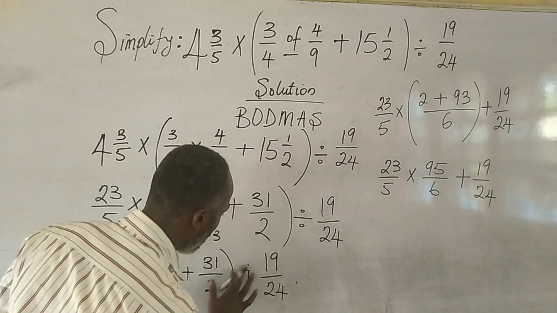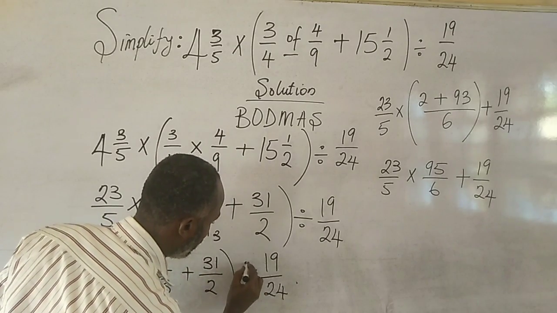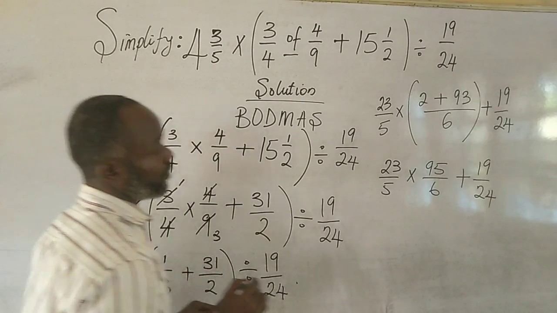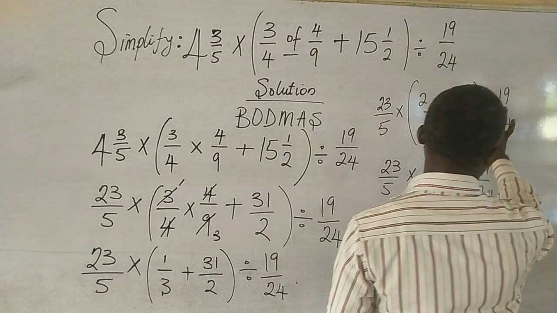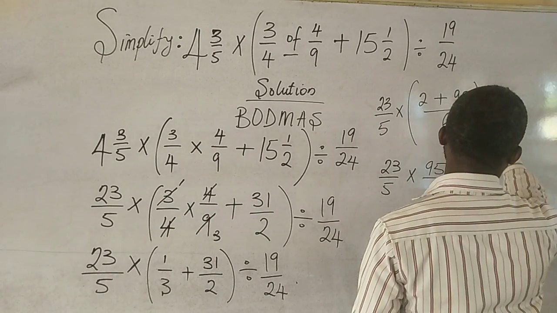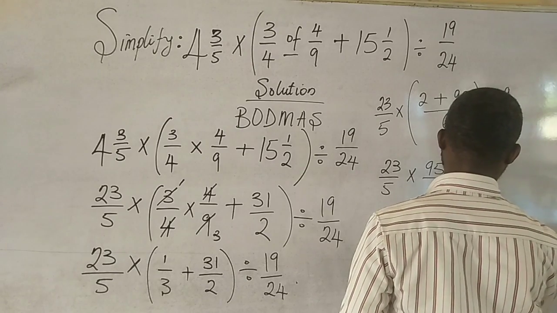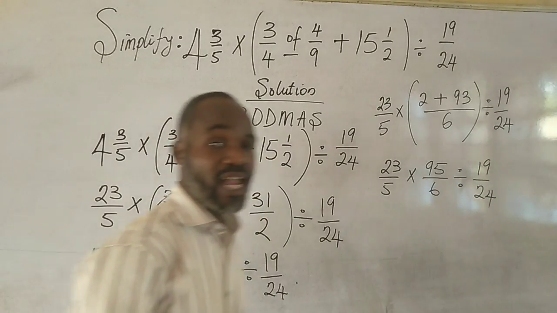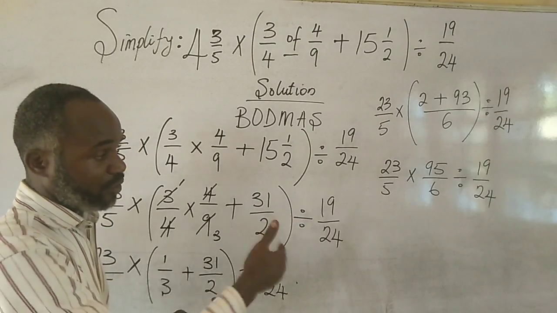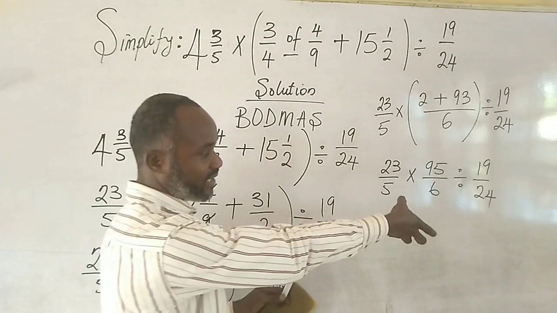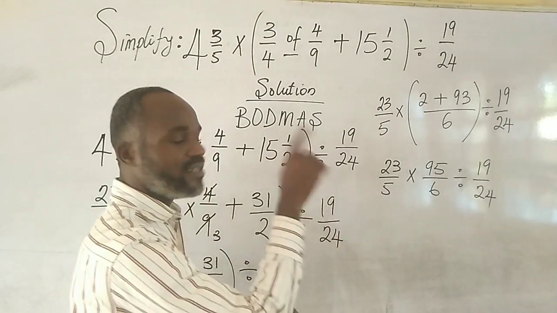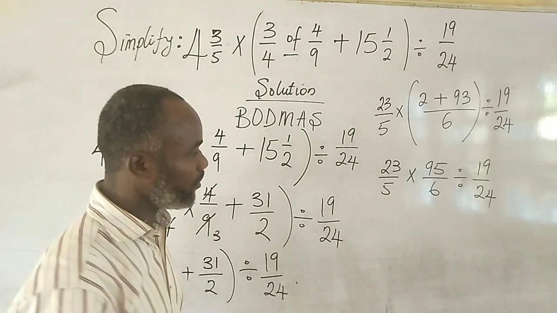Somewhere here it should be a division sign, and then somewhere there should be a division sign as well. And finally here we should have a division sign. Of course, I'm able to detect it because the process is a bit thwarted somewhere there. So that's why it should be division sign, not plus sign.